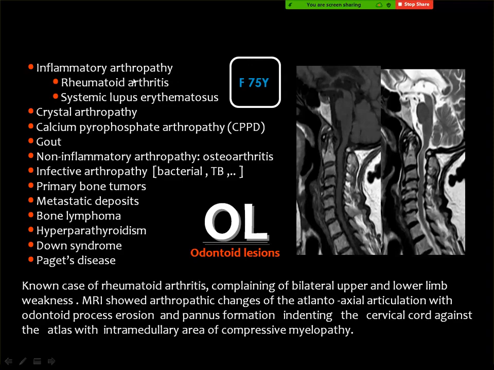Inflammatory arthropathy like rheumatoid, you know very well, systemic lupus, crystal arthropathy, meaning gout, calcium pyrophosphate arthropathy, whose abbreviation is CPPD, is well known to produce abnormalities at the odontoid process, as we will mention in the lecture of polyarthropathy in the musculoskeletal module.